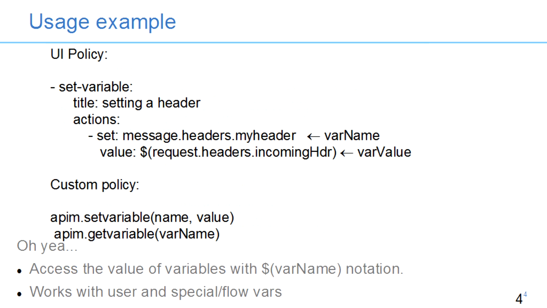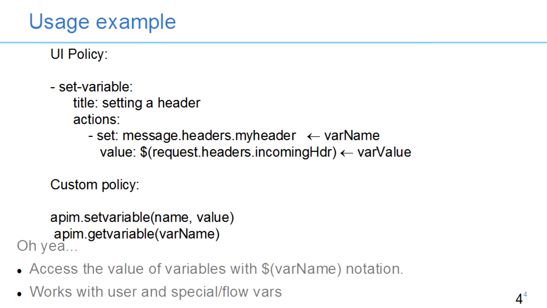And here's an example. If you were to use the UI or type directly into the source view, the Swagger, it's very simple. It takes two parameters, set and value. Set is where you would put the name of the variable, and value is the value. And here you can see I'm using the $() parentheses notation.